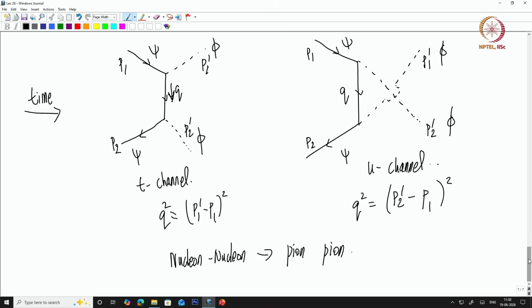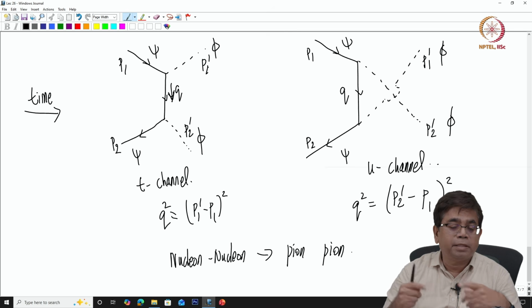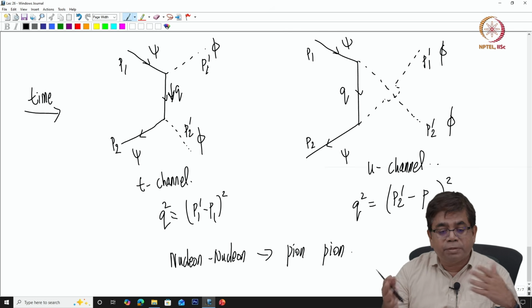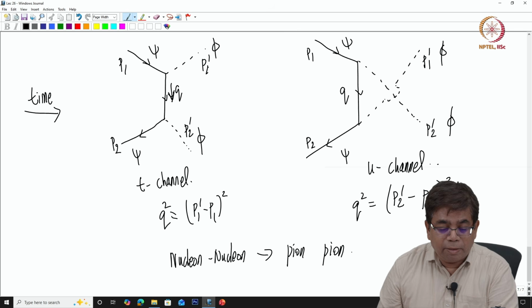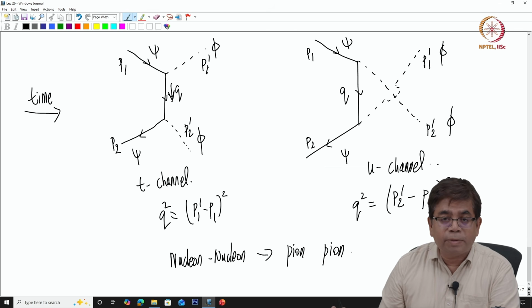So whenever you draw a Feynman diagram, you have to mention the direction of your time, because you need to know which are the incoming particles. If you change it, there is a possibility that you can think the time to be vertical, and then the diagrams will have a completely different meaning, because we are looking at channels of momentum exchange.